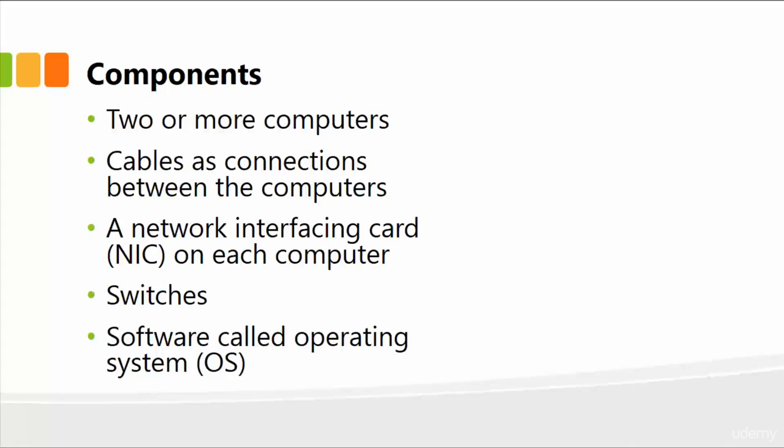We also need a component called the operating system, which is software. So for instance, Windows 8, Windows 8.1 is an operating system. You may have an operating system called Mac OS if you have an Apple computer, for example, or a Linux operating system, a Unix, and so on.